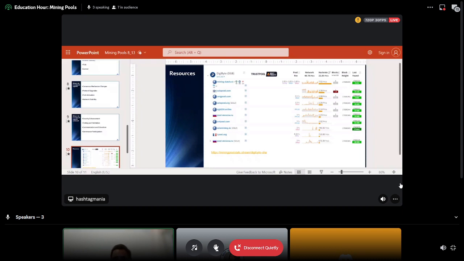Coming back to stats, look at the hash rates on all the pools. Look at how many blocks are being found by these pools. There is a degree of luck. Just because you've got a lot of hash power doesn't necessarily mean you're going to hit the blocks. There is a high potential you will, but it's not guaranteed. Say we're talking about all the different algorithms that DigiByte offers.